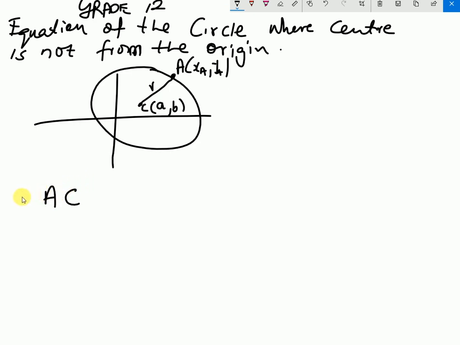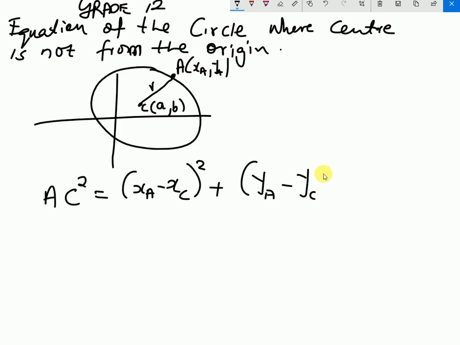Do you remember the distance formula? AC squared is equal to the x at A minus the x at C squared plus the y at A minus the y at C squared. Now people, AC is representing r.